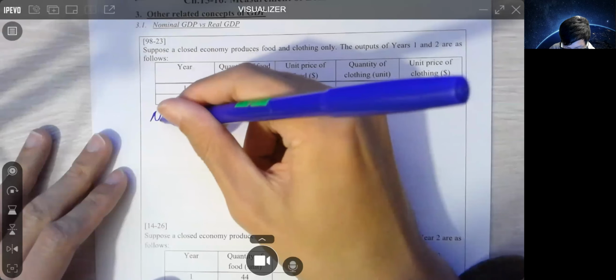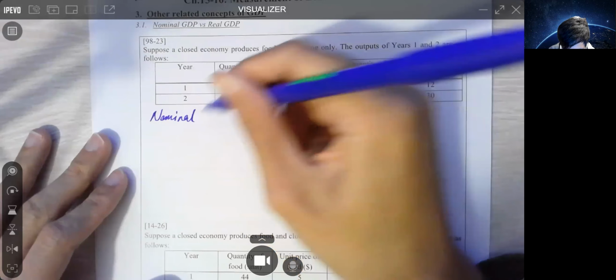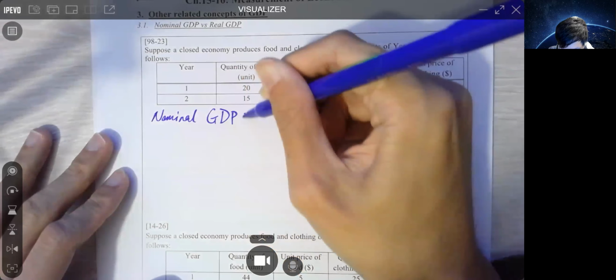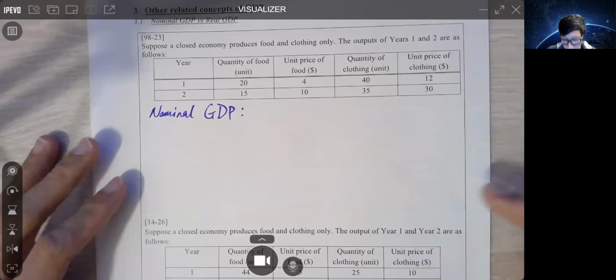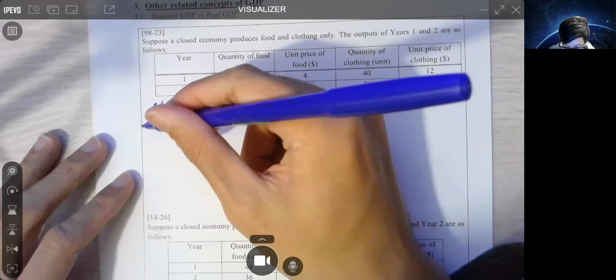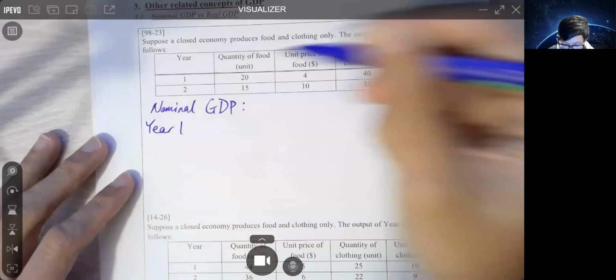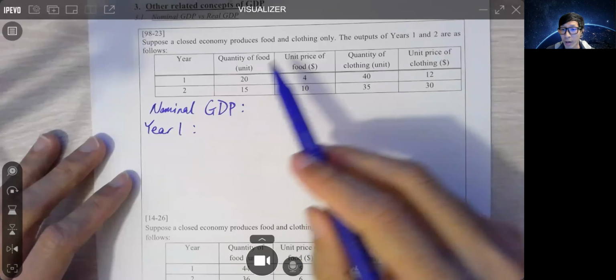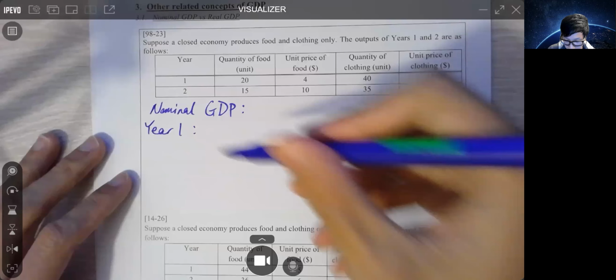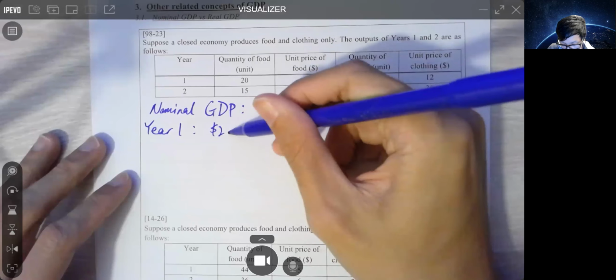So let us calculate the nominal GDP first. Year 1, this is how we calculate. We have food, we have the price of food, right? So $20 times 4.